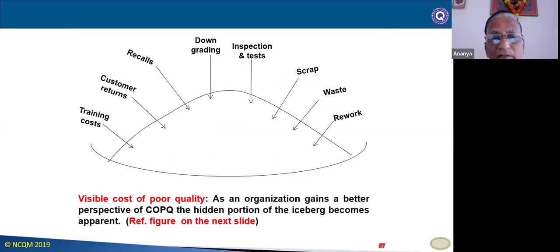What you can look at here is an iceberg. Below that there is water. If you see ice floating in the water, some portion is seen, the other is below. So that is what is talked about here. When you talk about the defects in your operation, what is visible is rework. We know how much our rework has gone.